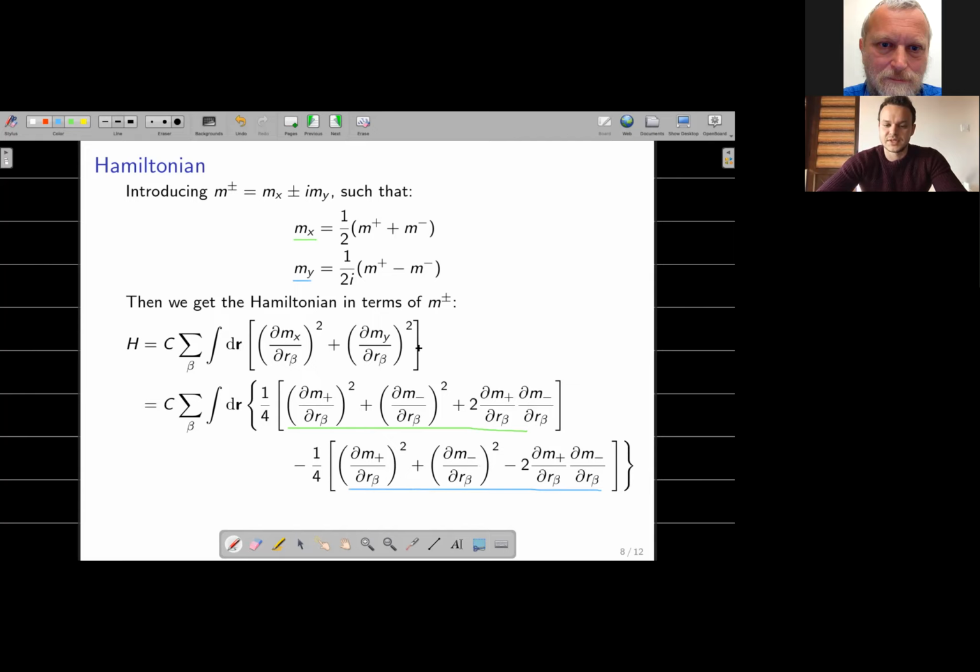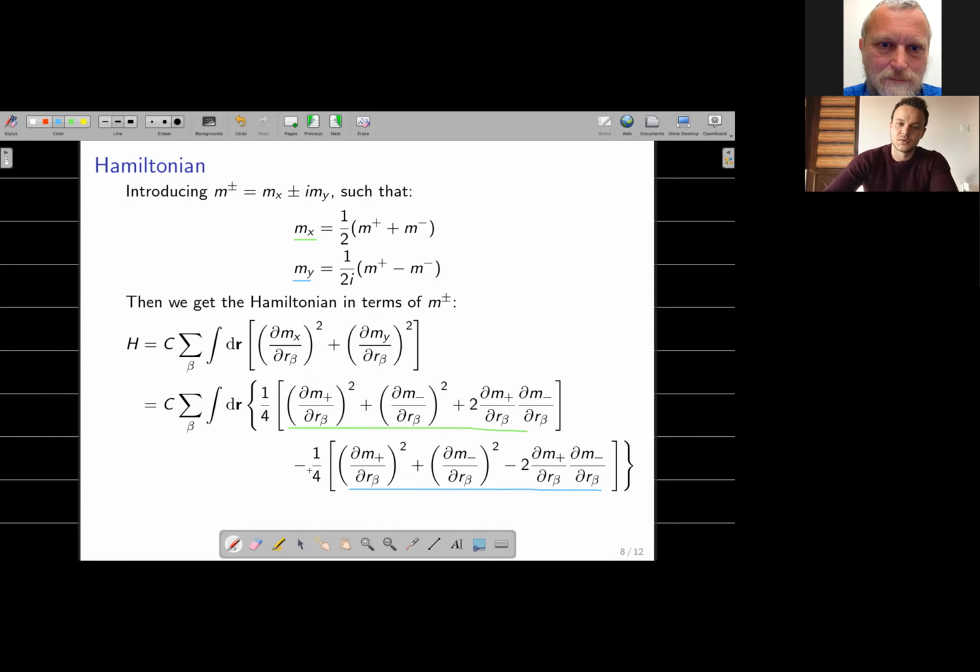So as you can see, some terms will disappear. All the cross terms will stay, and the terms that are squared will disappear, because this one comes with a plus, this one comes with a minus, plus, minus. And this one comes with a plus, and this comes with a plus from this minus sign.